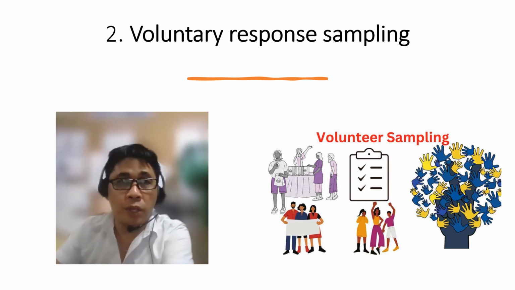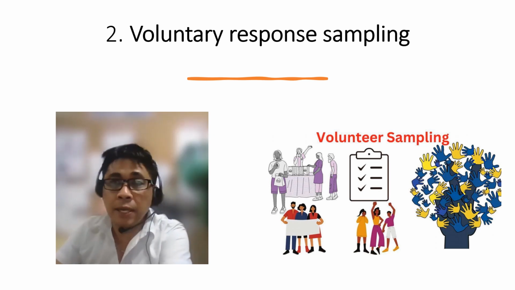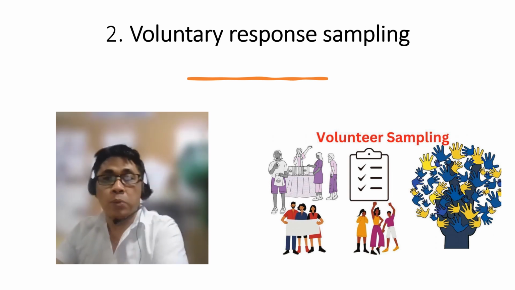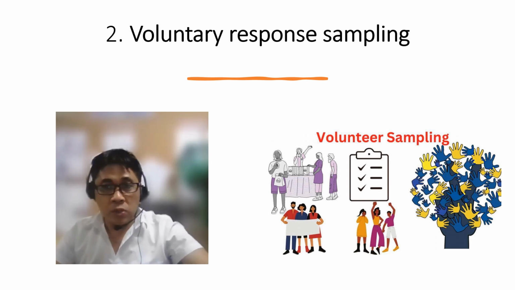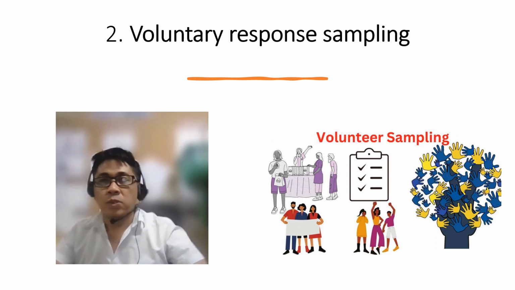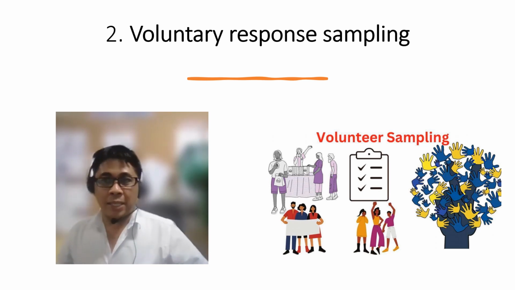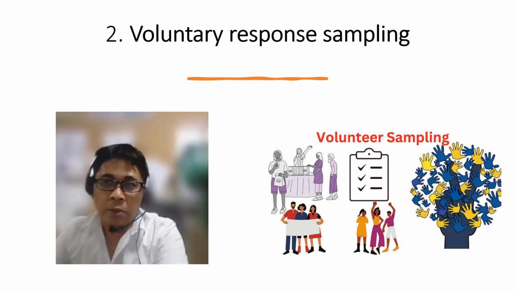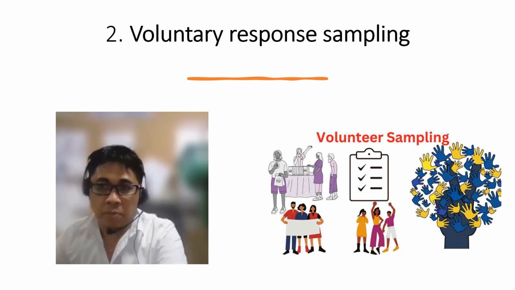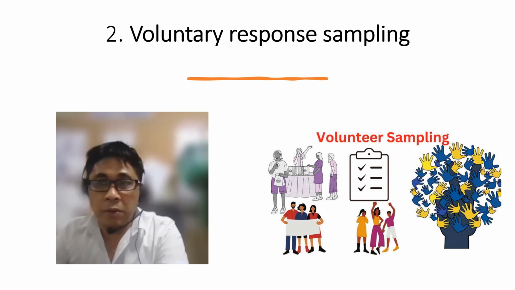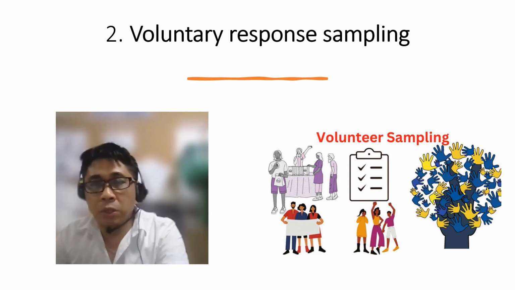So let's go now to voluntary response sampling. Similar to a convenience sample, a voluntary response sample is mainly based on ease of access. Instead of the researcher choosing participants and directly contacting them, people volunteer themselves by responding to a public online survey. I'm sure you have experienced this, not necessarily answering, but you open certain websites and then there is a survey there.